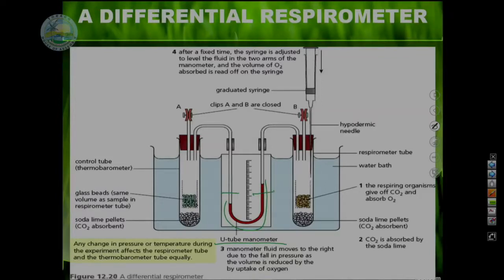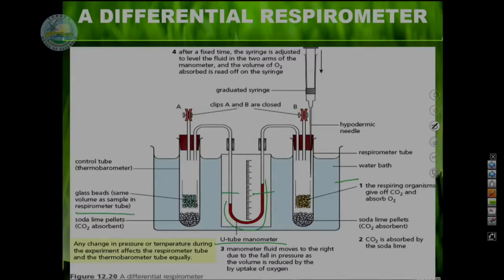Some features of this apparatus, you will notice that the whole apparatus is within a water bath. This helps to regulate and stabilize temperature and pressure, so that those things are not influencing the rate of the oxygen uptake. What will happen in this apparatus, we have two sets of things.